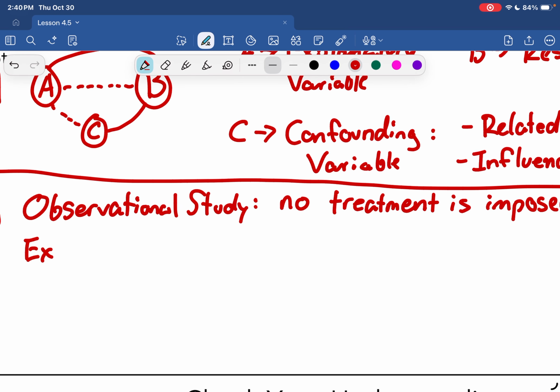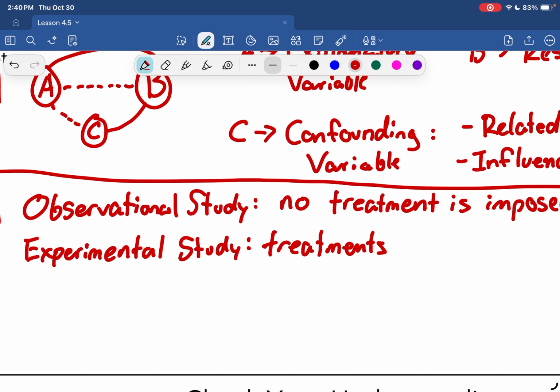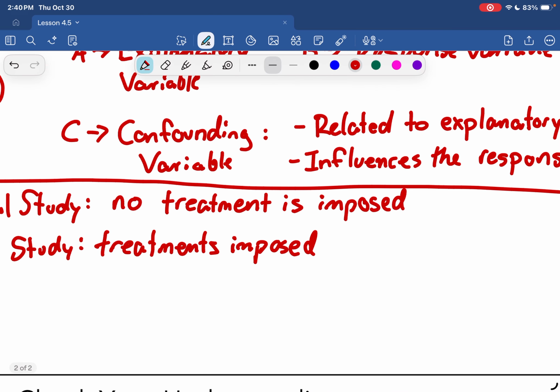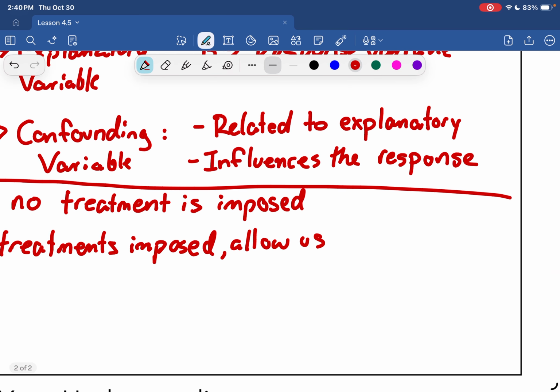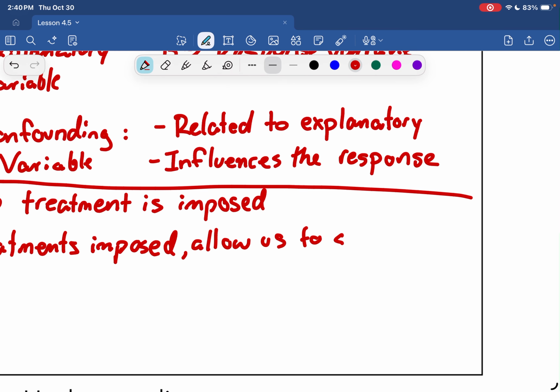An experimental study is one where we have a treatment or treatments imposed, and it can allow us to show causation.